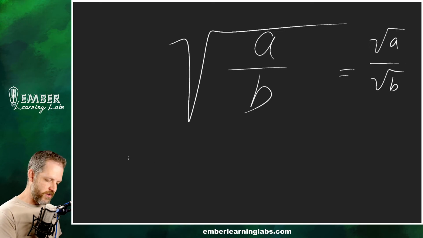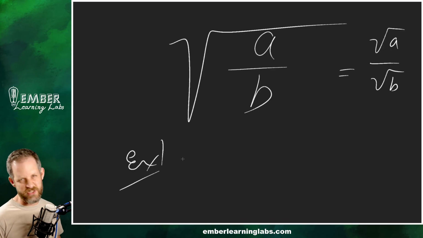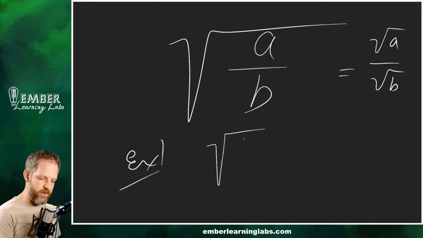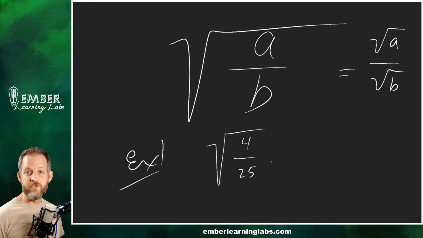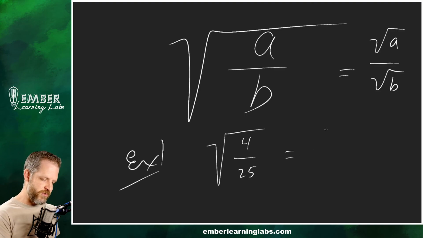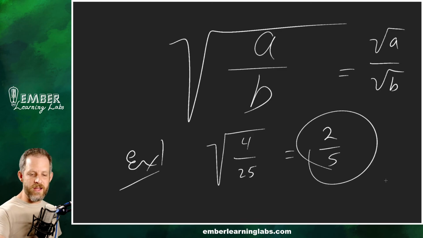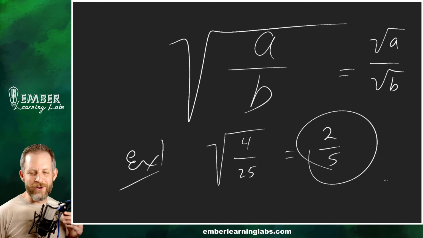A super quick example, and we're only going to do one of these because we'll see more of this later: the square root of 4/25. The square root of 4 is 2, and the square root of 25 is 5. So there we go. One down, a whole bunch more to go.